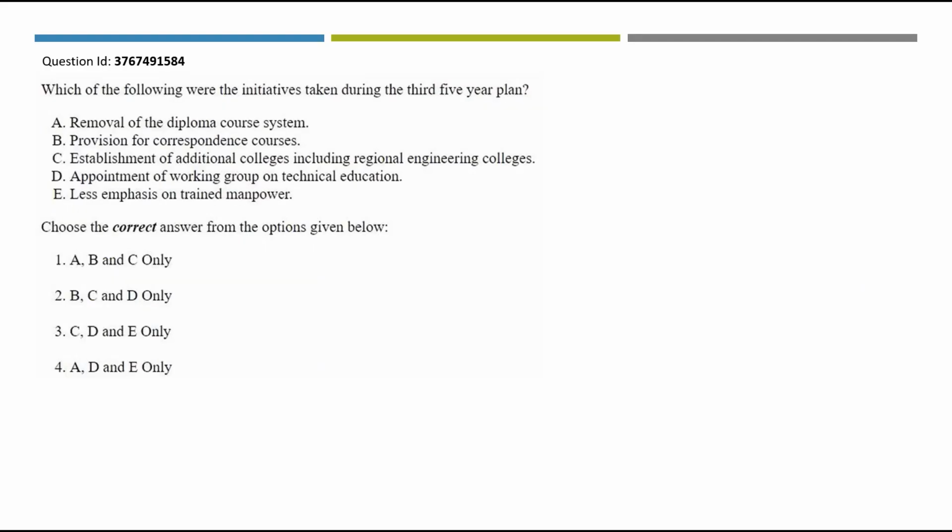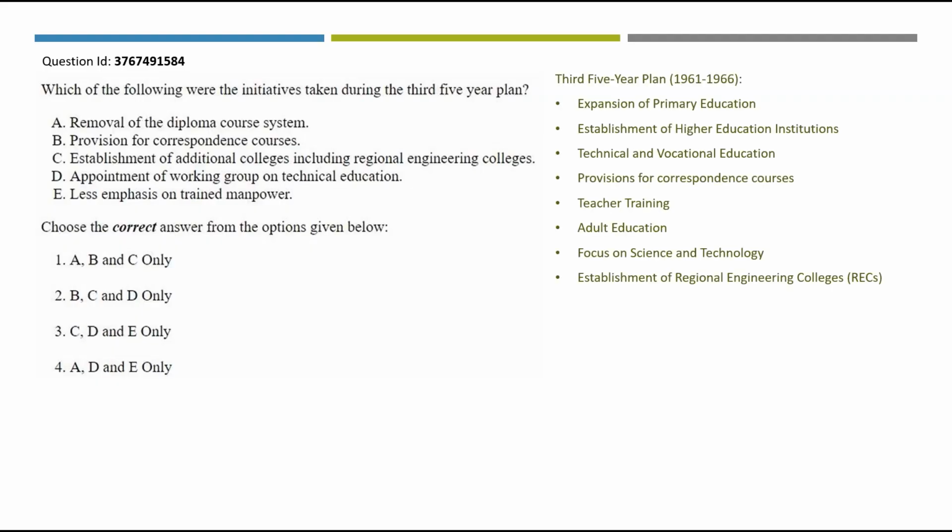Next question. Which of the following were the initiatives taken during the third 5-year plan? So let's see education related initiatives of third 5-year plan, which is from 1961 to 1966.